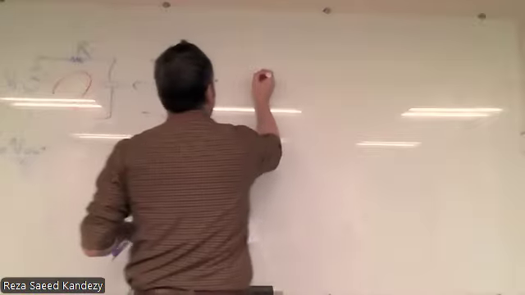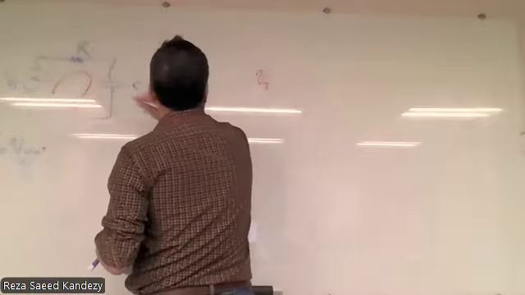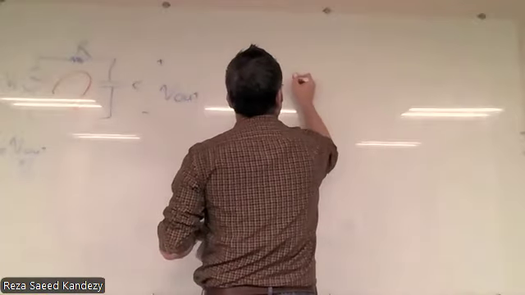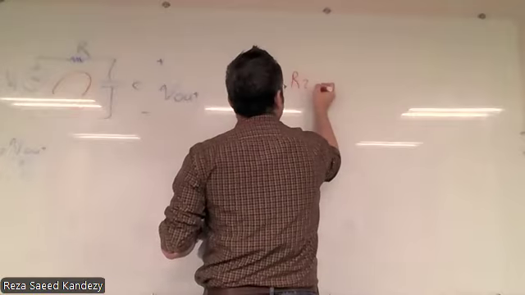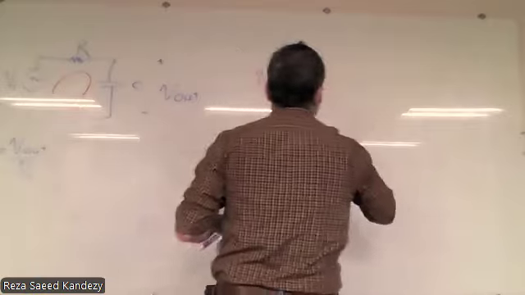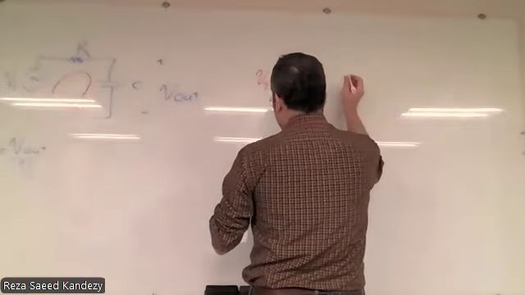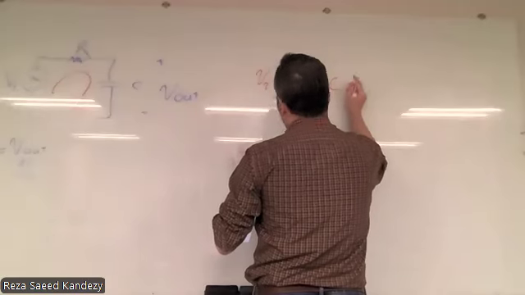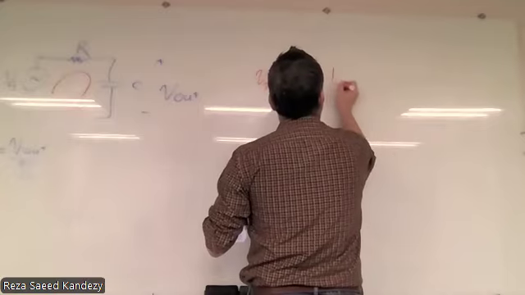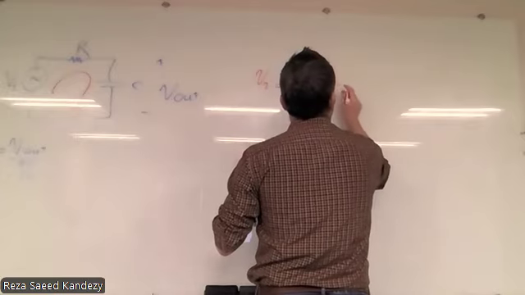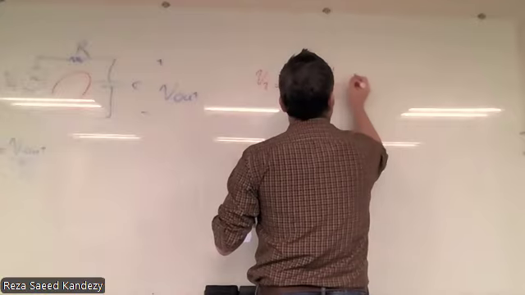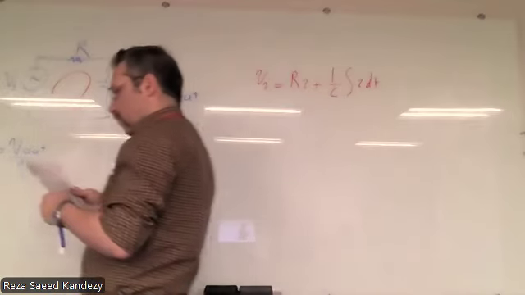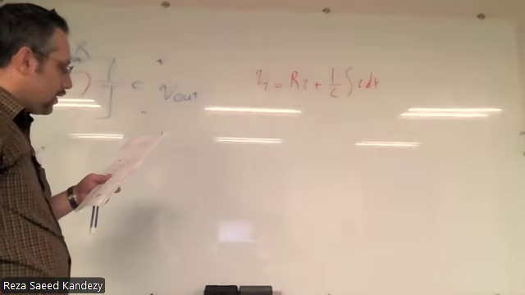If we do the KVL, we have our input voltage equal to the voltage across the resistor, which is the resistor times the current, plus the voltage across the capacitor, which is 1 over C times the integral of the current. Now this is our VI.